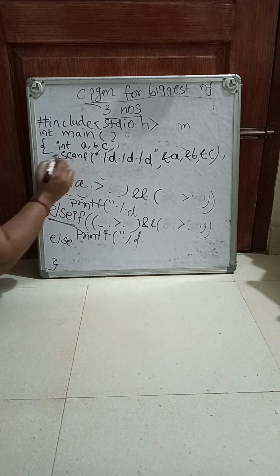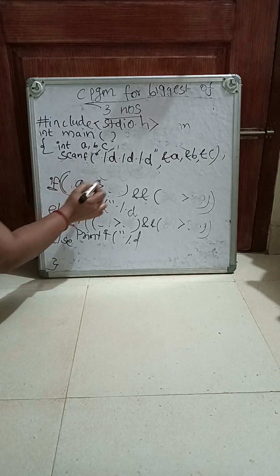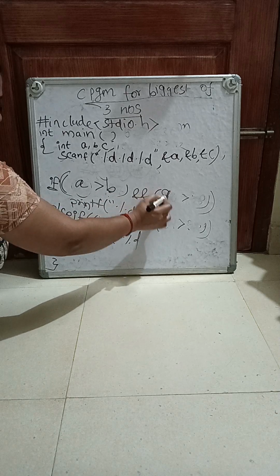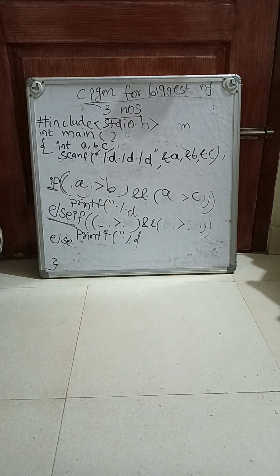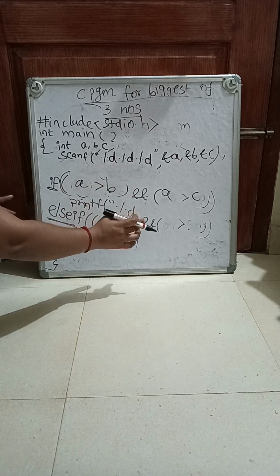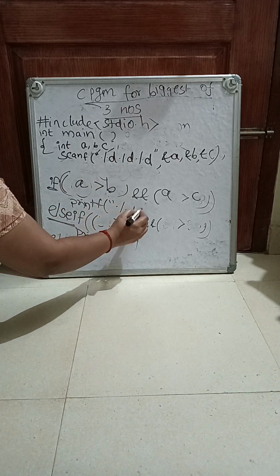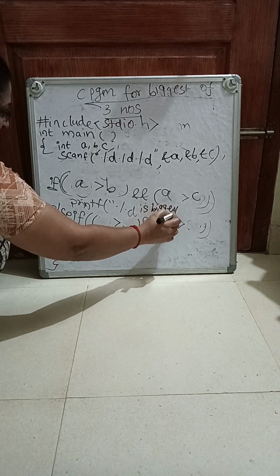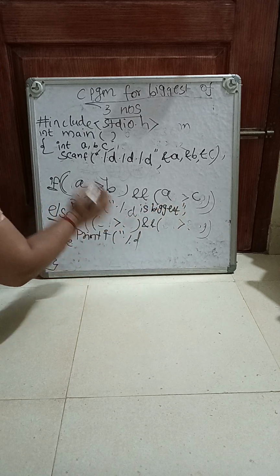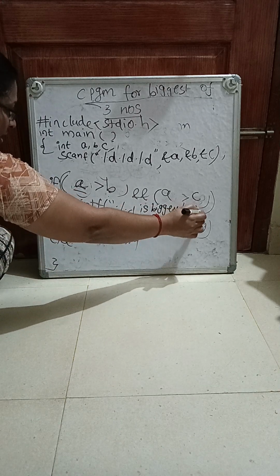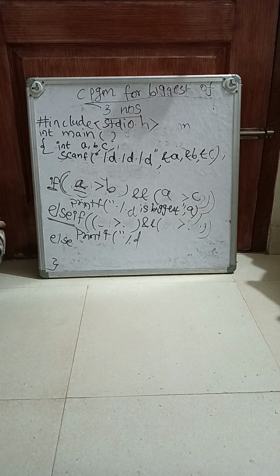Now I will write the logic as: if A is greater than B and A is greater than C. If A is greater than B and also greater than C, I am going to write %d is biggest, and in the place of %d, I am going to print A and a semicolon.